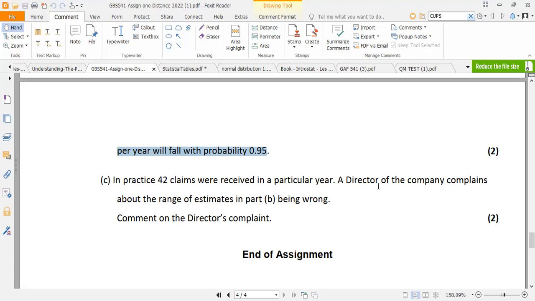A director of the company complains about the range of estimates in part B as being wrong. Comment on the director's complaint. Since we have established our range, we want to check whether 42 is within that range. Let's go and check. What was our range?